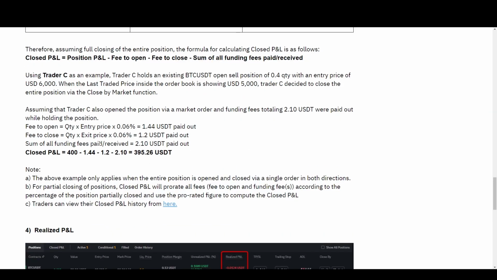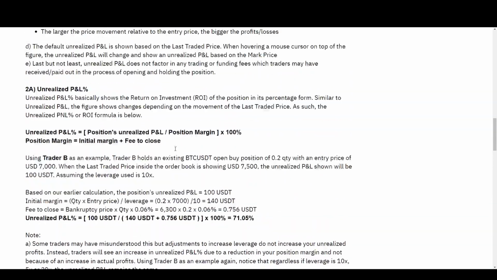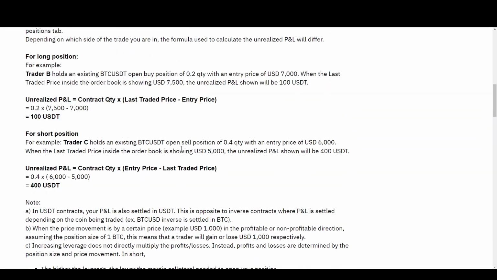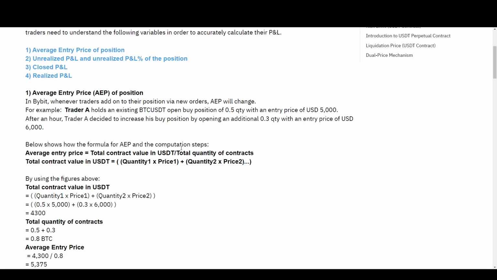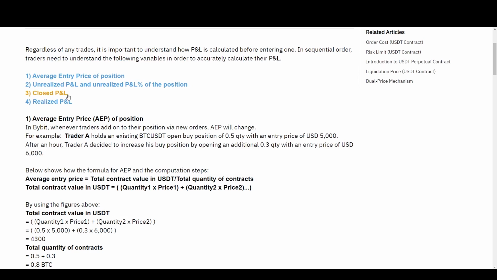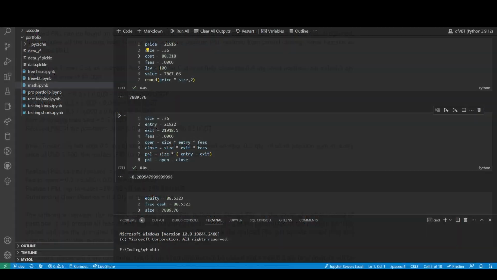Sum of all funding fees paid divided by received. Sum of funding fees is 1.0, so let's try to see if we can get that.